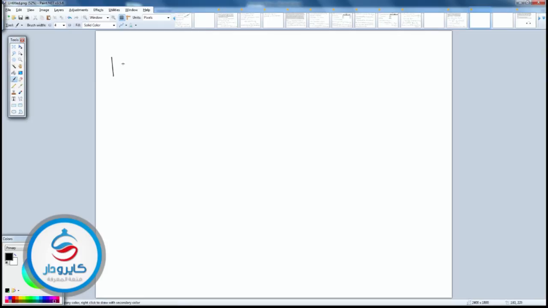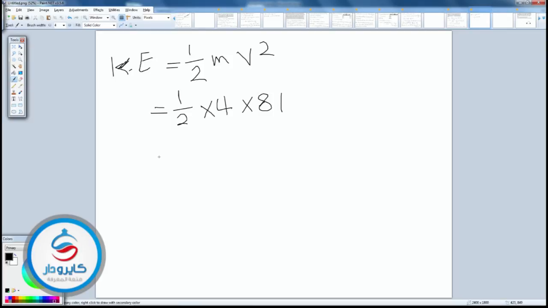The kinetic energy equals half mv squared, equals half times 4 times 81, equals 162 joules.